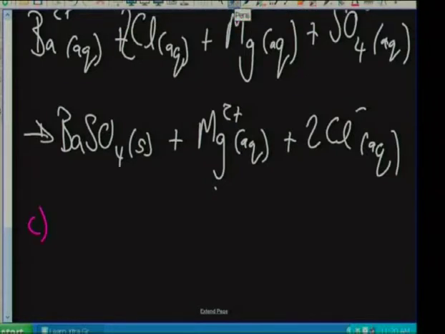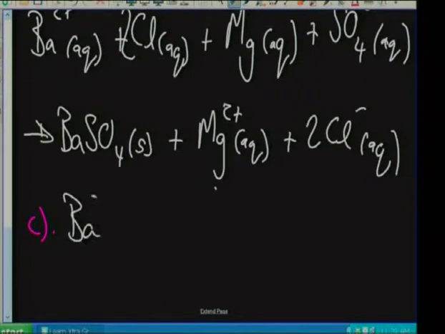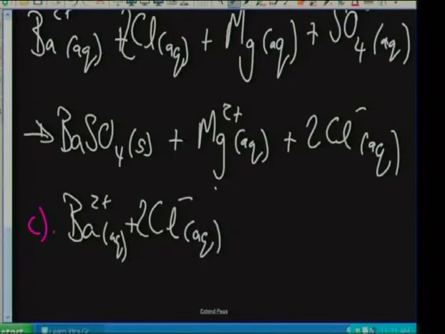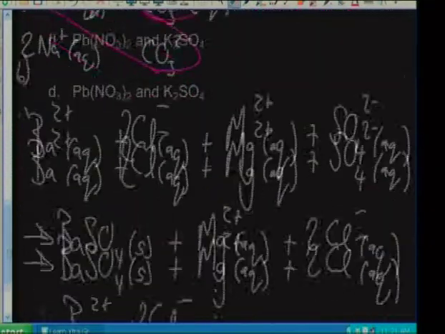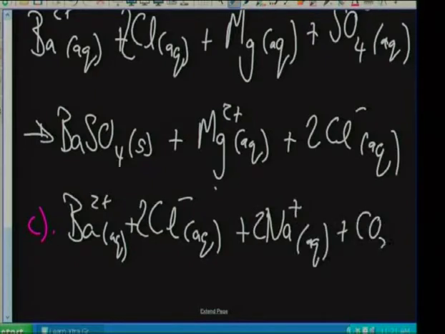Number C, we're going to say we've got barium 2 plus, that's in aqueous solution, plus the chloride, which was 2 minus aqueous. Was it nitrate? No, it was chloride. It's fine. Plus my sodium, there were 2 of those, aqueous, plus my carbonate, which was 2 minus, all aqueous.